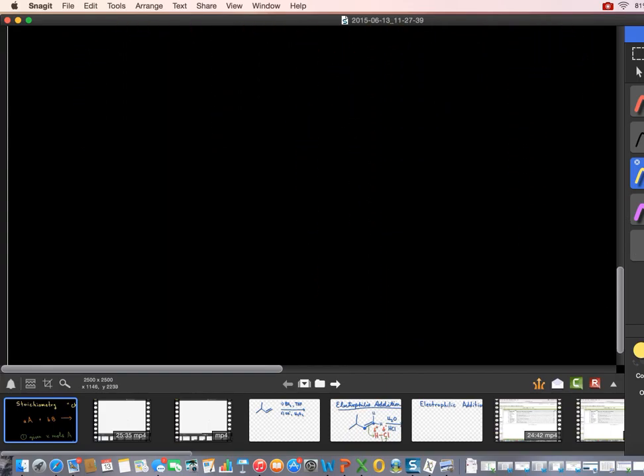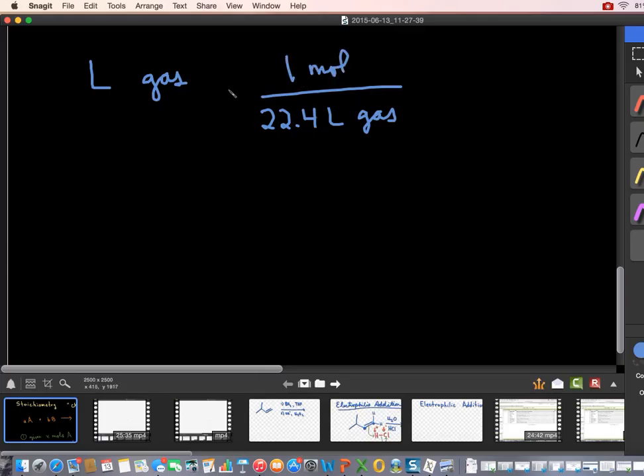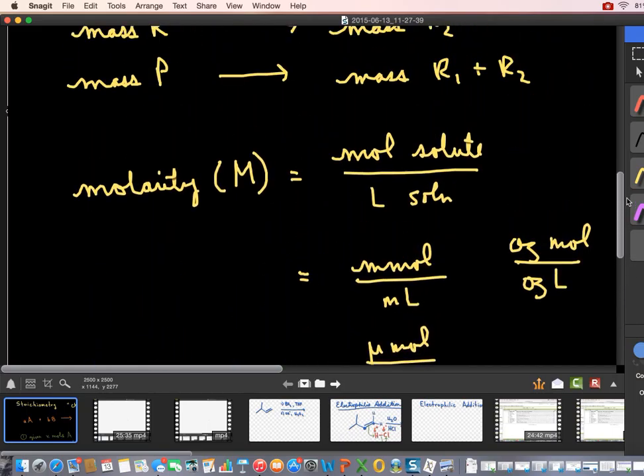The third type has to do with gas laws. If I have liters of gas, I know that at STP there are 22.4 liters of gas in 1 mole of gas. So notice that all 3 types of these problems have the commonality that the number of moles is needed to solve problems.